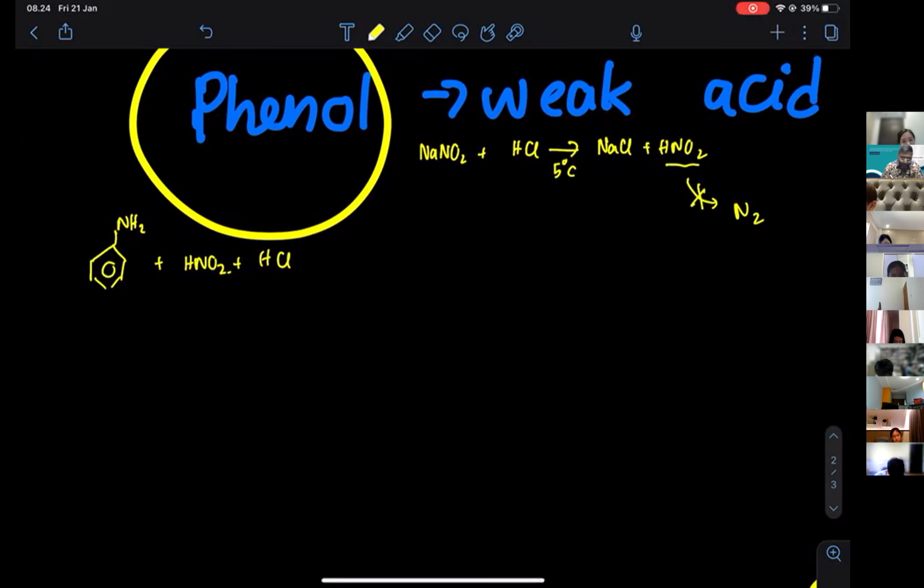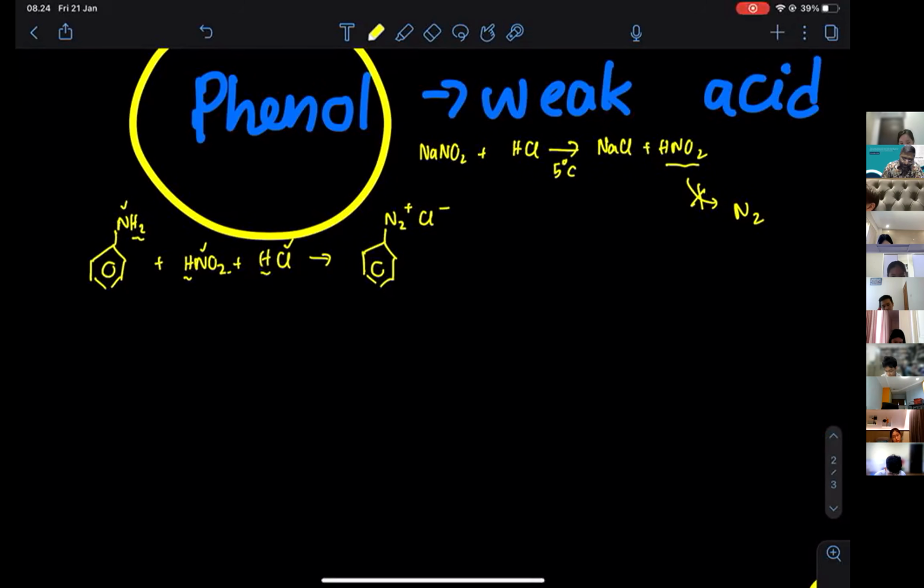So once you get that, you are going to have N2 plus Cl minus. You see the N and N will join, the Cl will join, and you are left with two hydrogens, one over here and another over here.